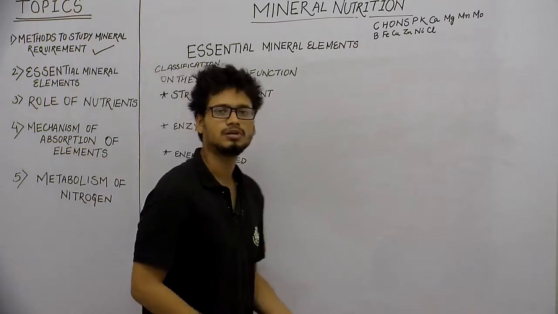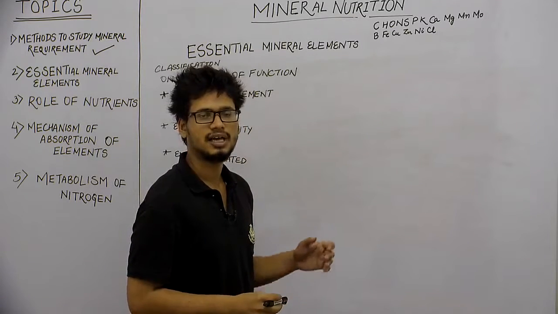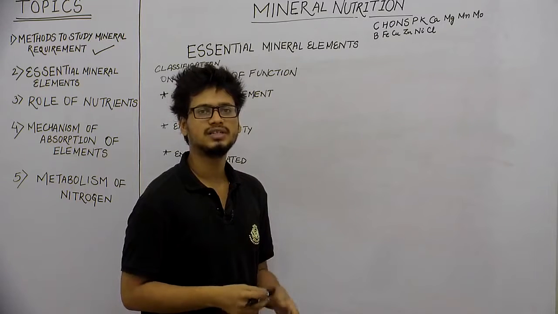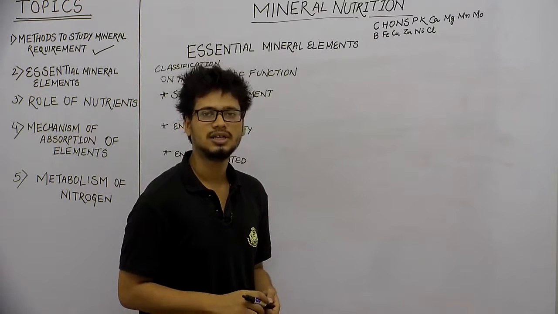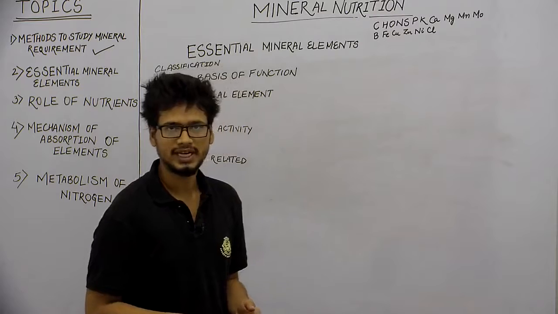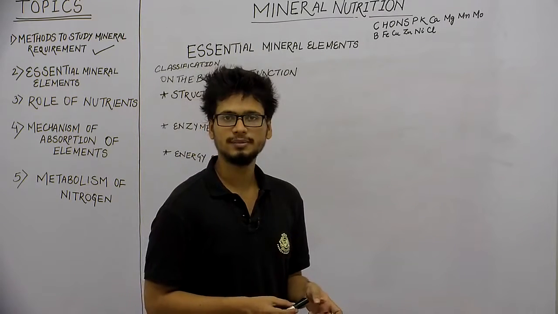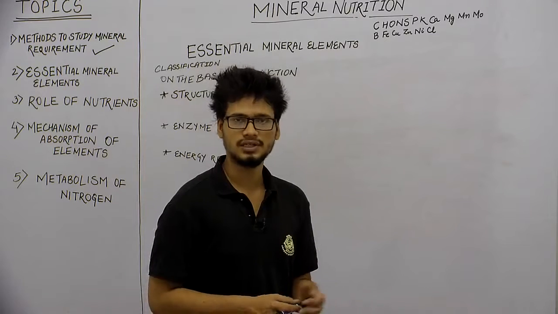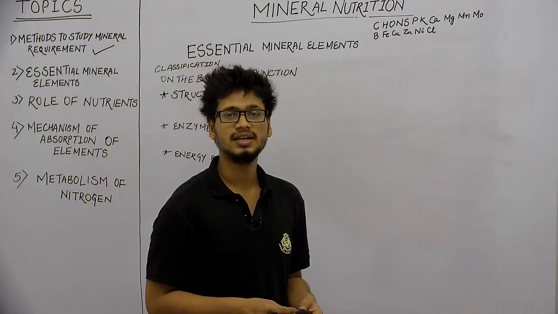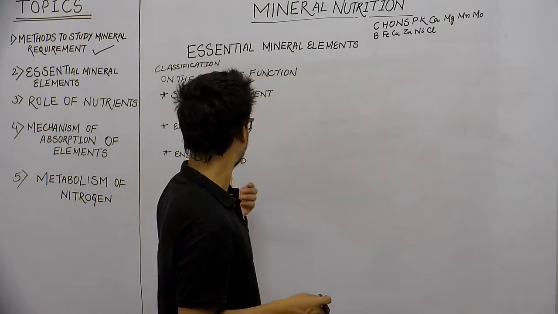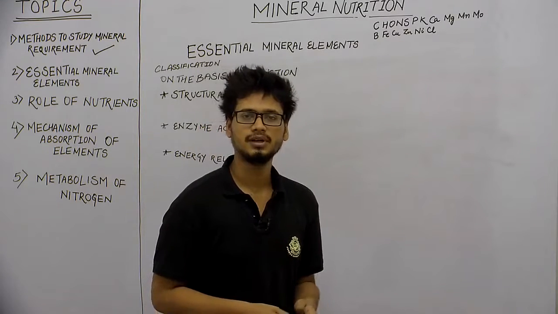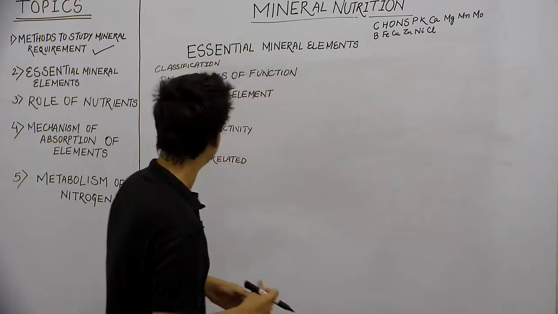Energy related elements are those which form a part of energy related compounds. Let's say ATP, which is adenosine triphosphate. So phosphate is here, phosphate derived from phosphorus. So phosphorus is an energy related element which is essential.